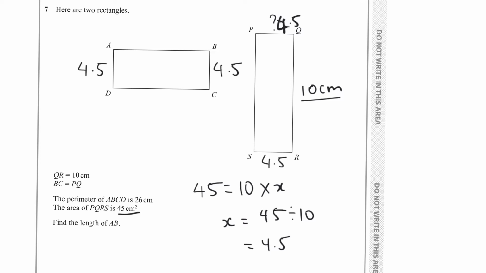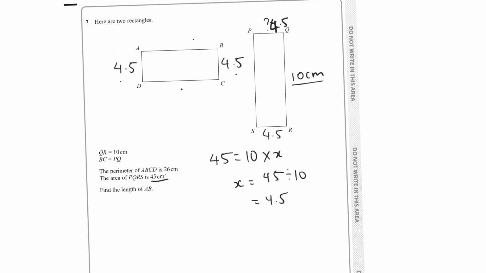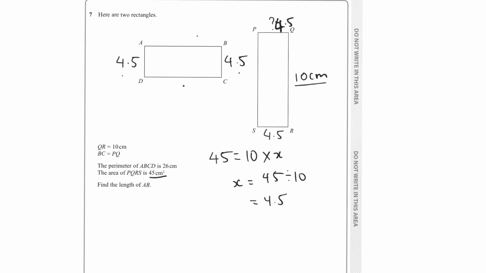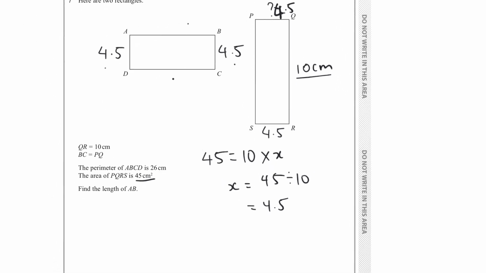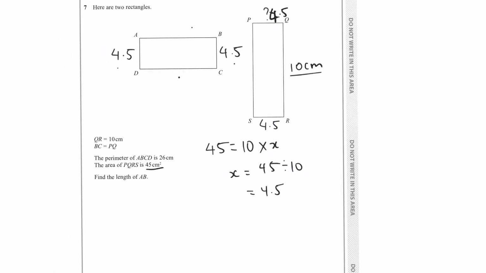Now, it says that the perimeter for ABCD is 26. So that means all these sides added together should be 26. We can therefore say that 26 is equal to 4.5 plus 4.5, and we'll just call these x again, plus x plus x.